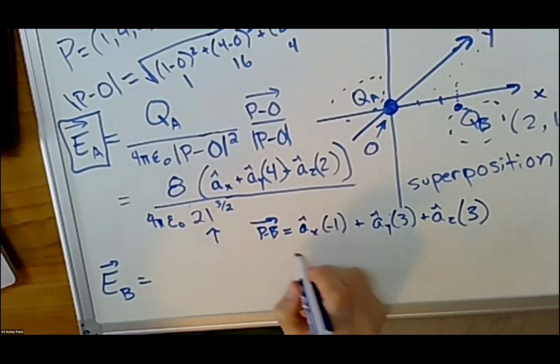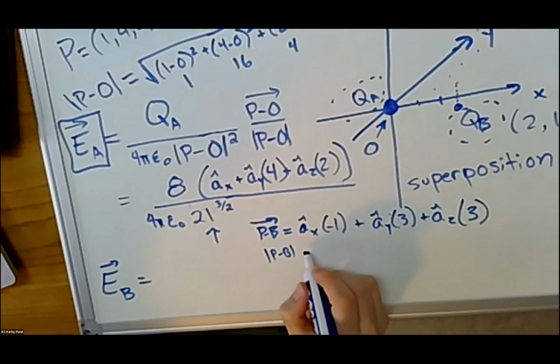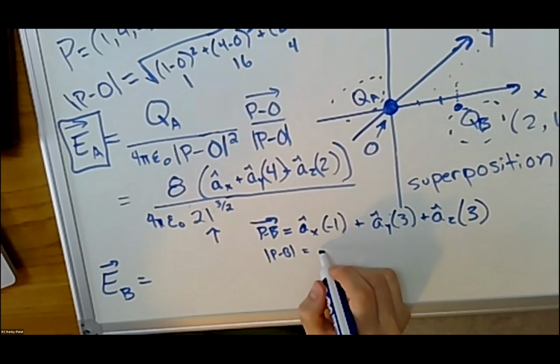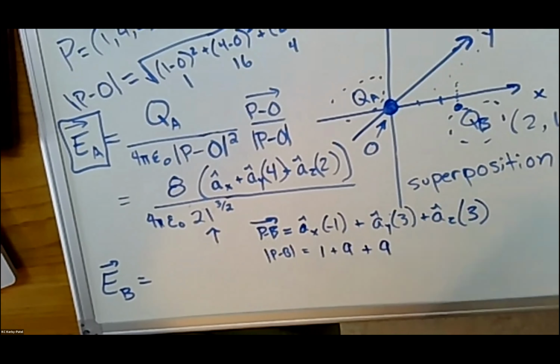So the magnitude of P minus B is going to be 1 squared plus 9 plus 9, which works out to 19. That one's the 19 one.